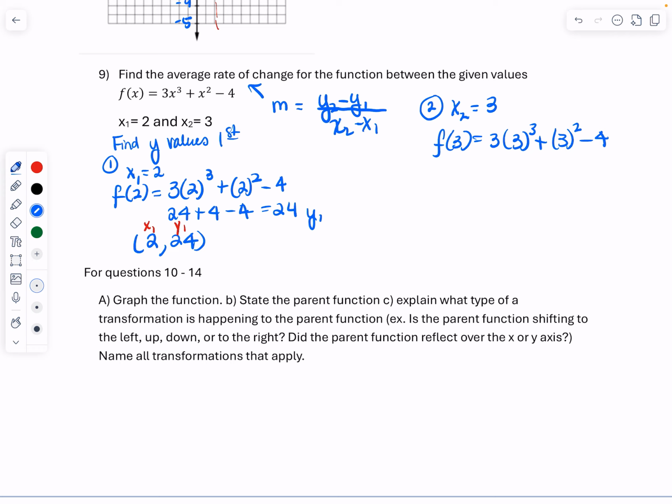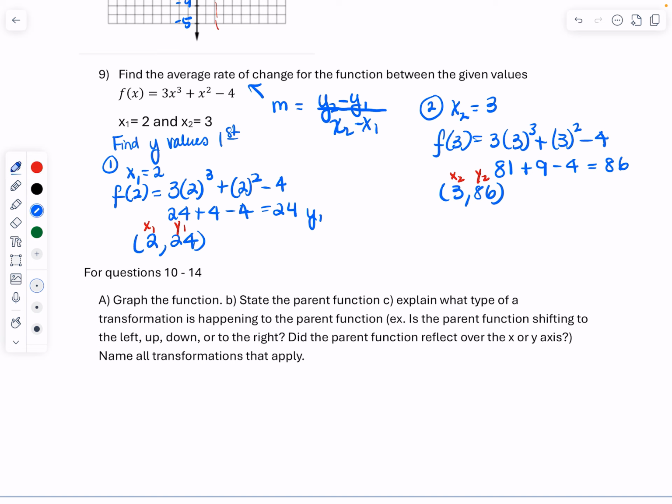And 27 times 3 will give me 81. Plus 3 squared, 9, minus 4. Okay, so 81 plus 9 is 90. Minus 4 will give me 86. Okay, so my second point is going to be 3 comma 86. Remember that that is x sub 2, y sub 2.